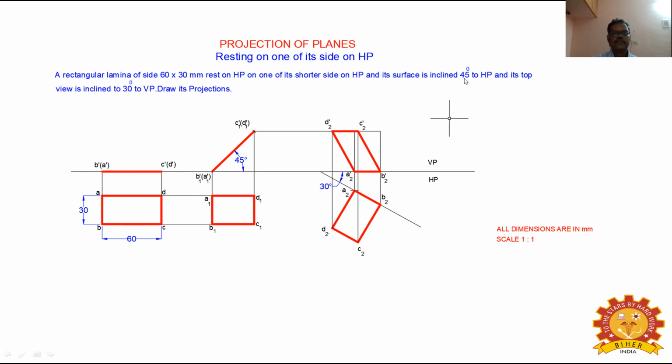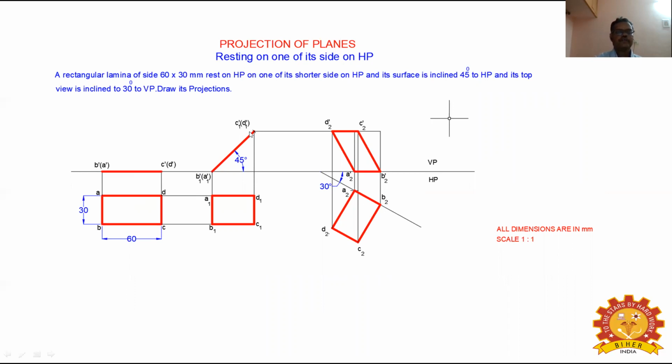In the second case, it is inclined 45 degrees to HP. Since the left-hand side is fixed, mark b1 dash, a1 dash and draw a 45 degree line. Here, using a compass, measure the distance between b dash and c dash, and from b1 dash as center, cut an arc.